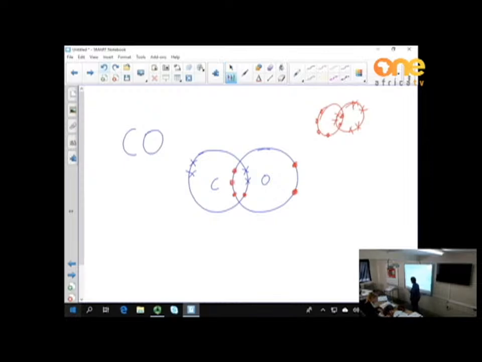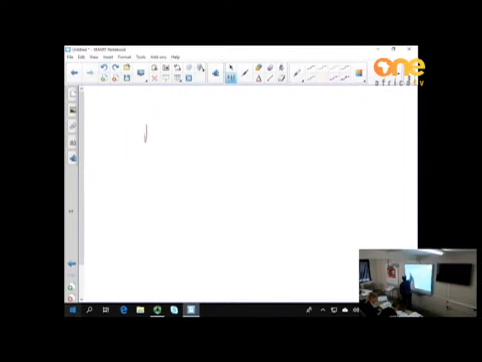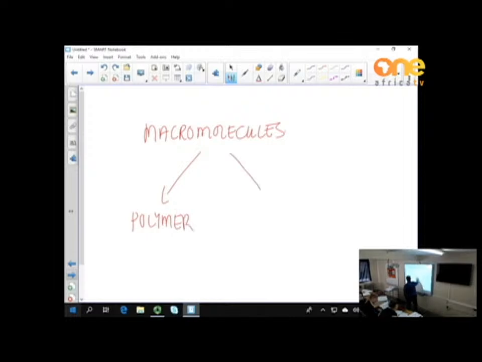We get 2 types of macromolecules. The one is a polymer, and the other is a giant covalent structure. The definition of a polymer is a long chain-like molecule.